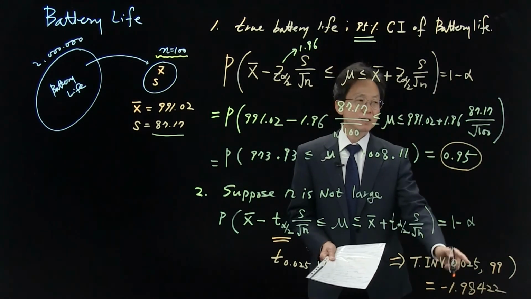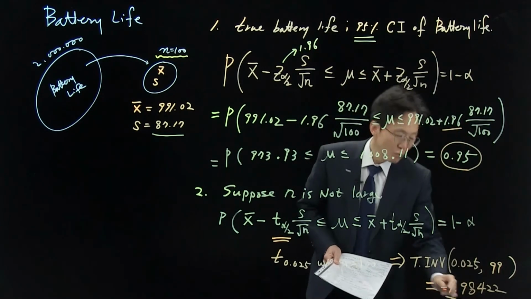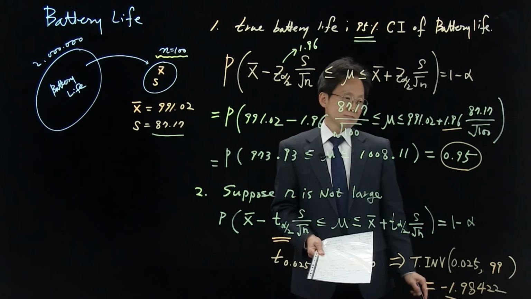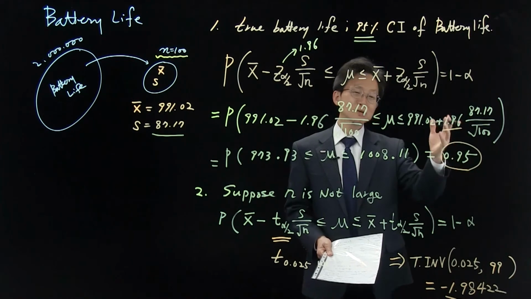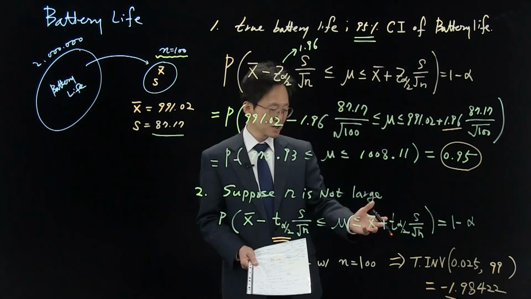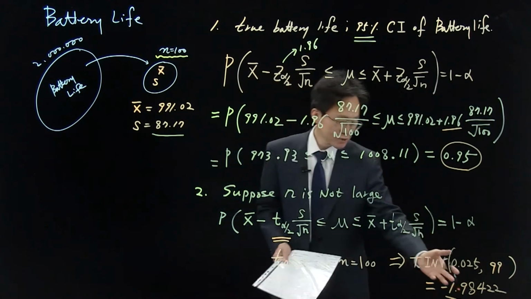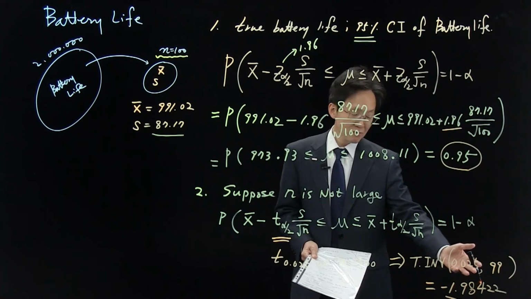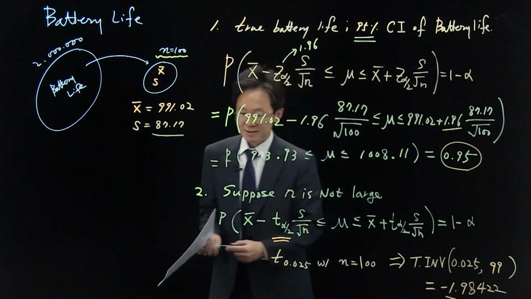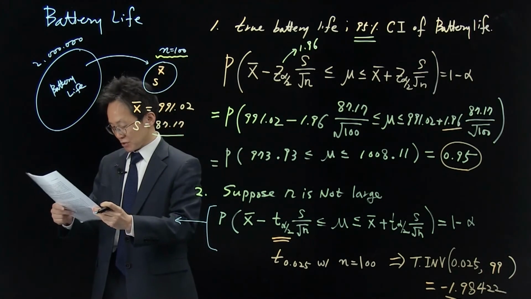So it's very similar, right? We used 1.96, but now we have 1.98, which is almost the same. But because we decide to use this t-distribution, we want to use this 1.98422 instead of 1.96.